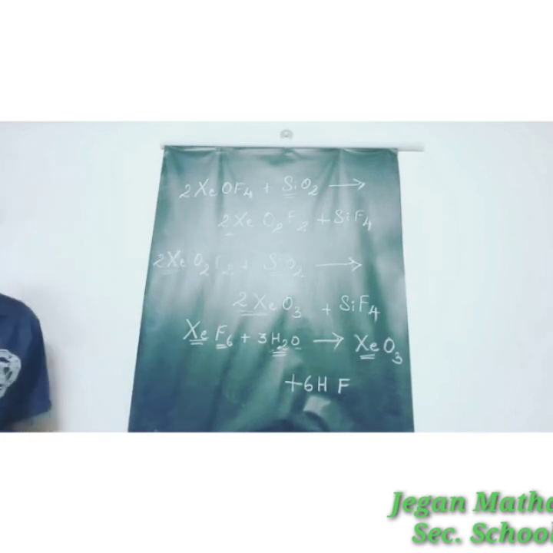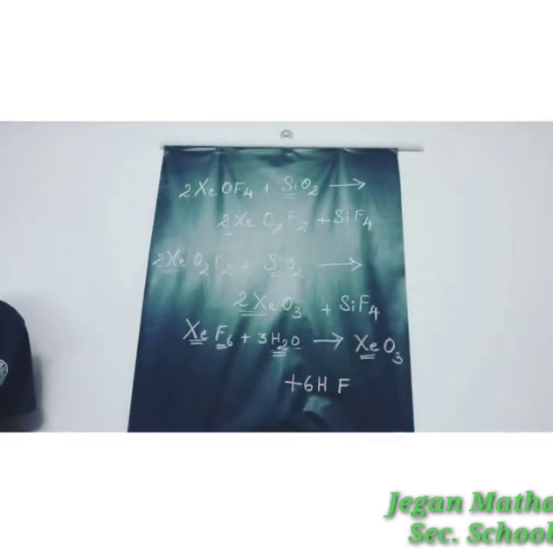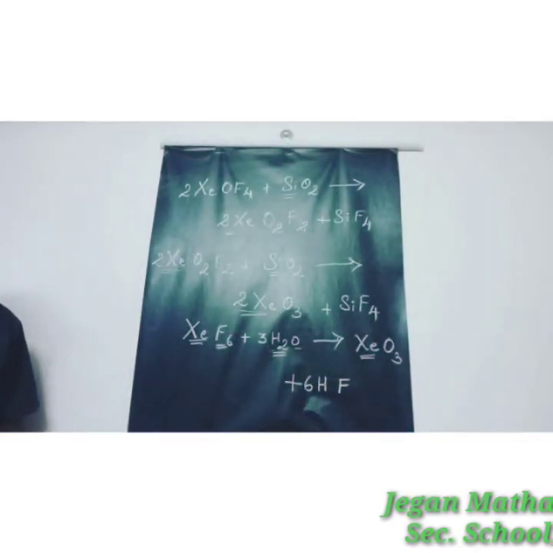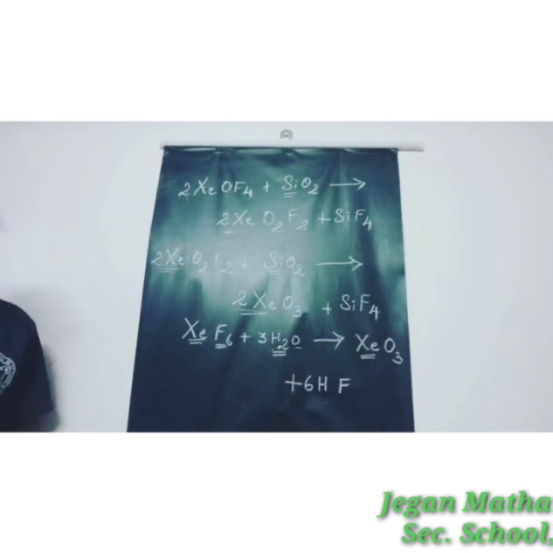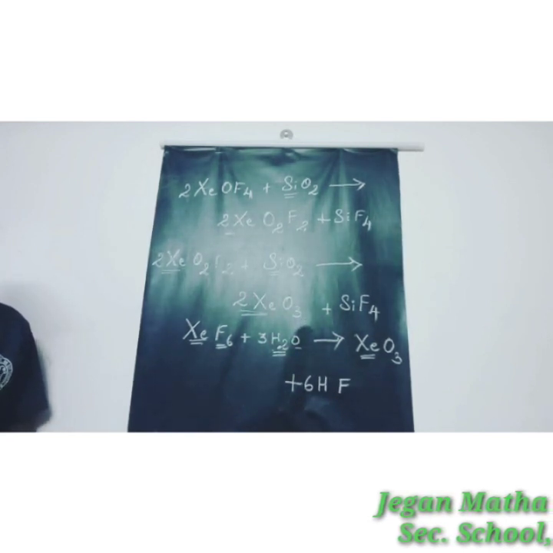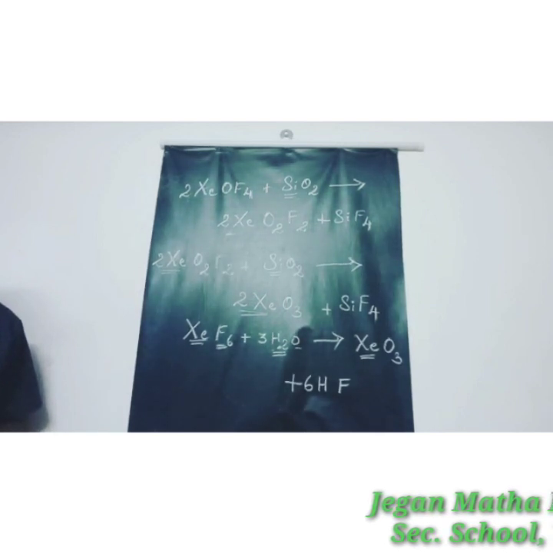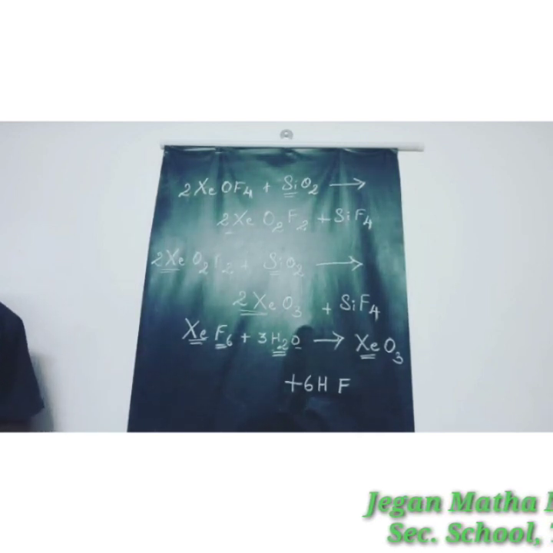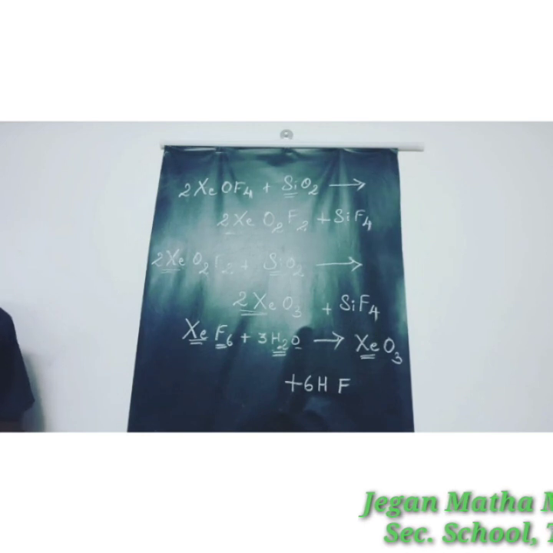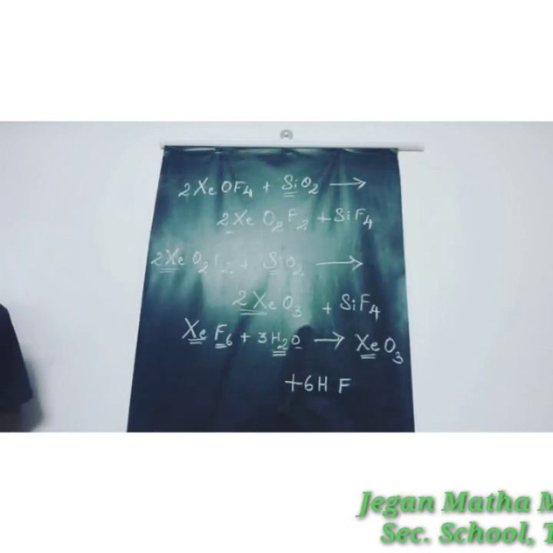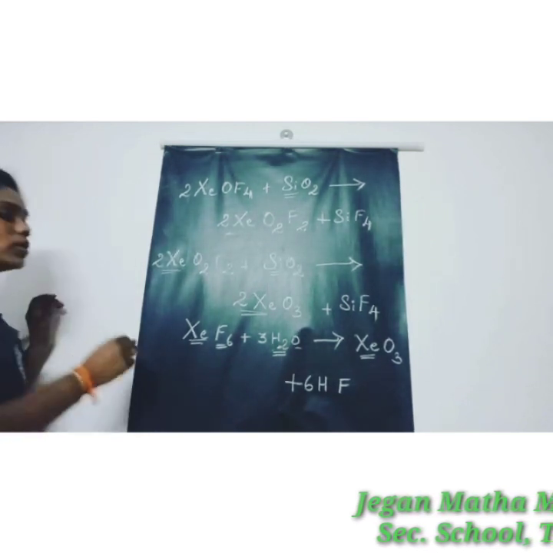And next one is when XeF6, that is xenon hexafluoride, reacts with 2.5 molarity of sodium hydroxide, sodium perxenate is obtained. Sodium perxenate formula is Na4XeO6.